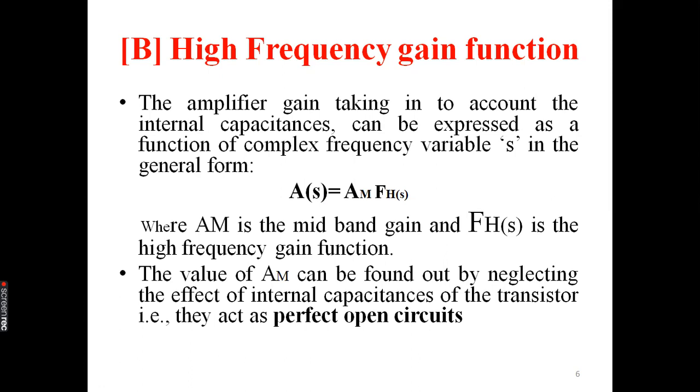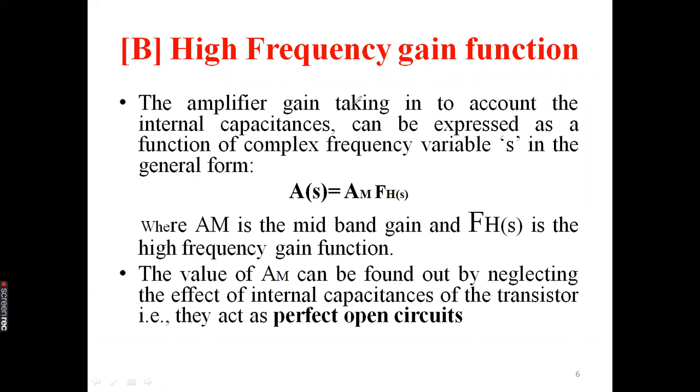So what we can write is the gain is always a function of frequency rather than writing simply A. Whenever you are representing capital A, it is a constant. But while you're representing A of S, it is a function of S. That means whenever S changes, gain also changes. So this gain is a function of frequency. That is what is meant by A of S, which is equal to AM into FH of S.